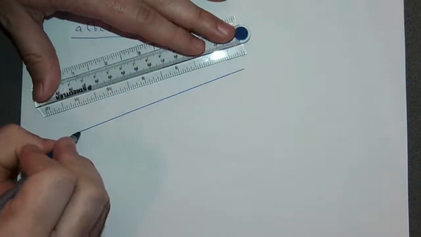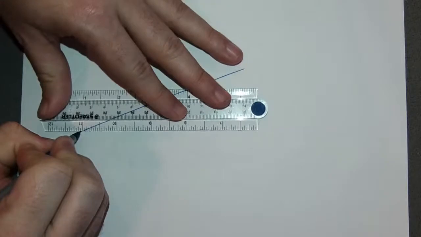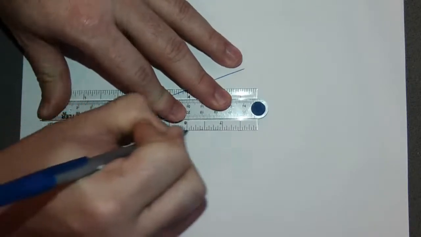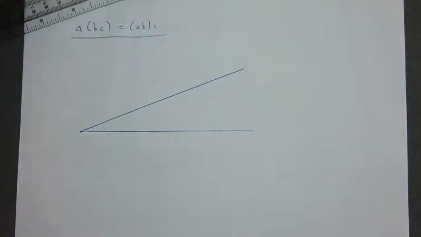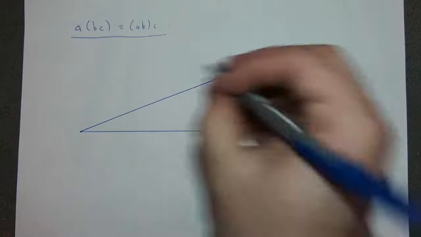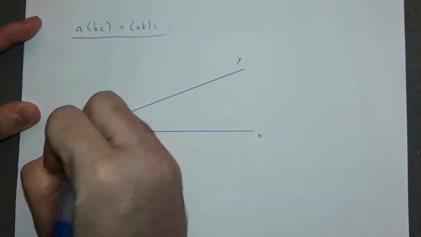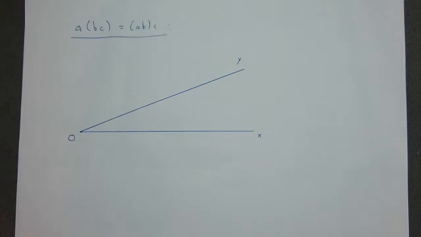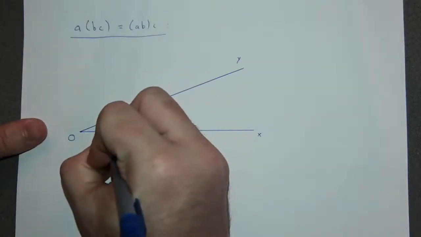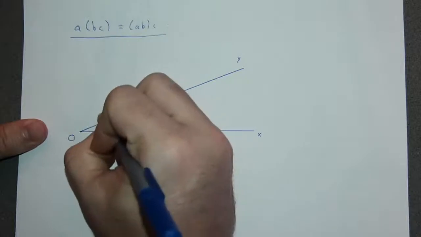Okay, so let me make sure I make this long enough. That should be okay. If it's not okay, we'll just extend it later. So if this is my y-axis, this is my x-axis, this is my point of intersection O. Okay, now to try to make this work out, I'm going to choose my ones that are pretty close to each other over here.